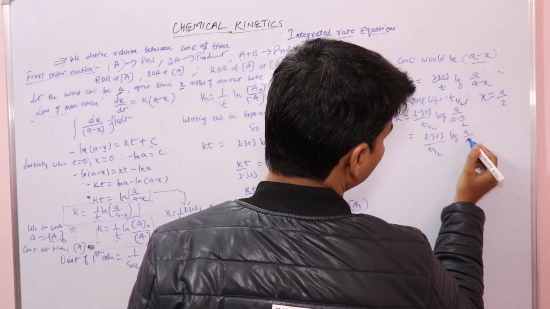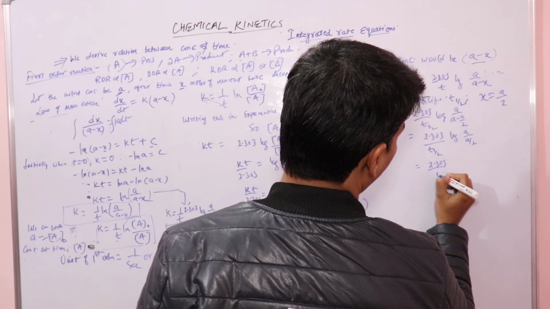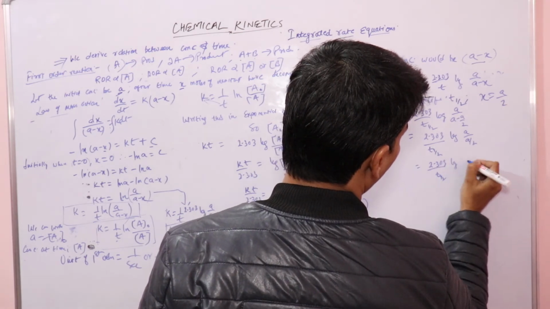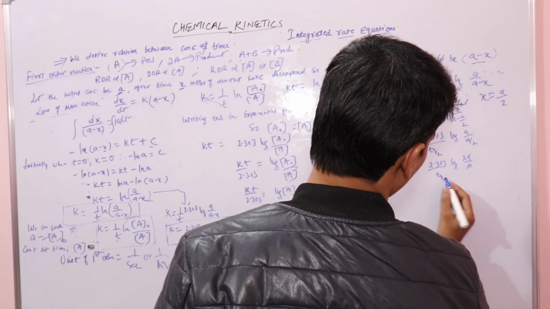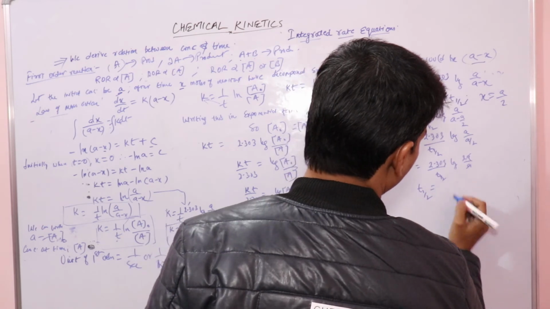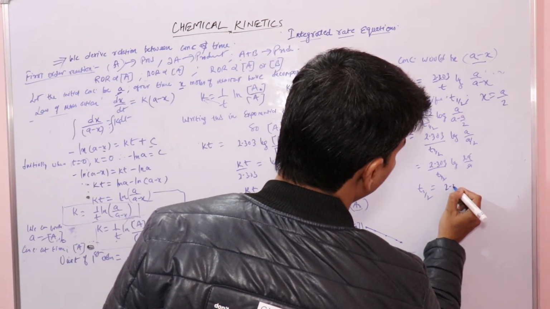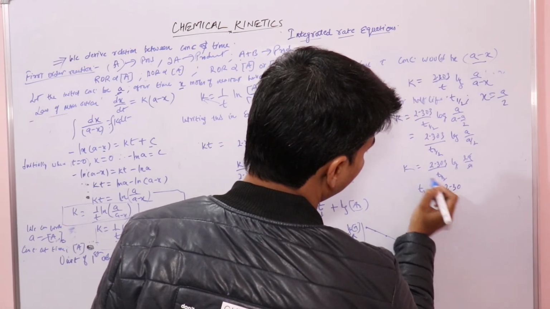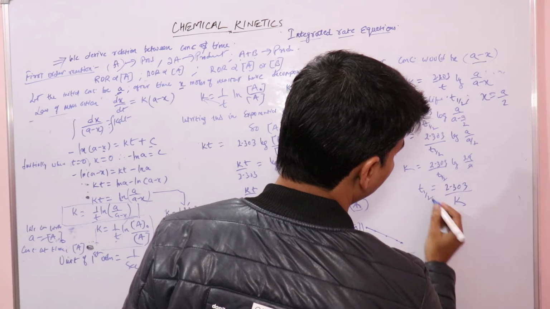So this is 2.303 log 2a upon a, and we just cancel. So the half-life of this reaction will come out to be t half = 2.303 log 2 upon k; I'll take the k down.